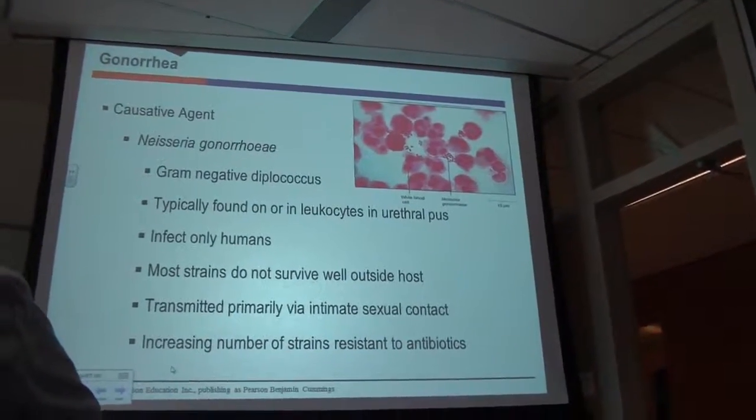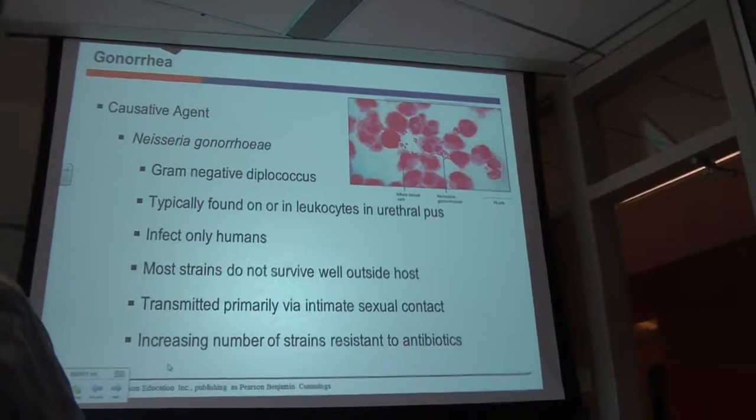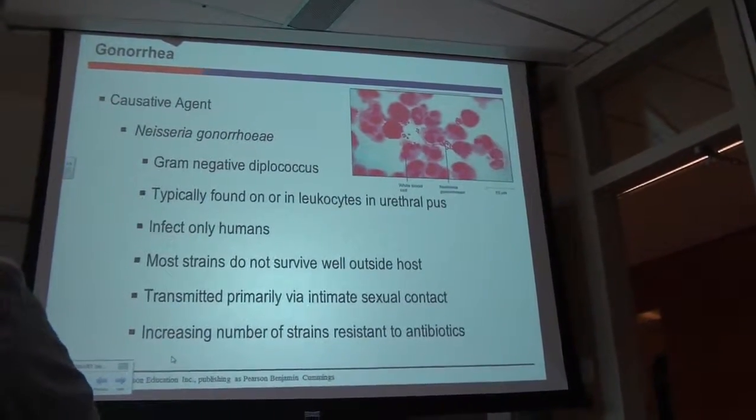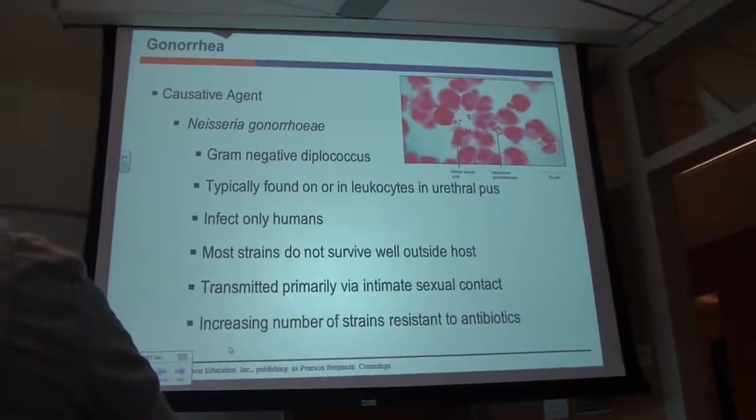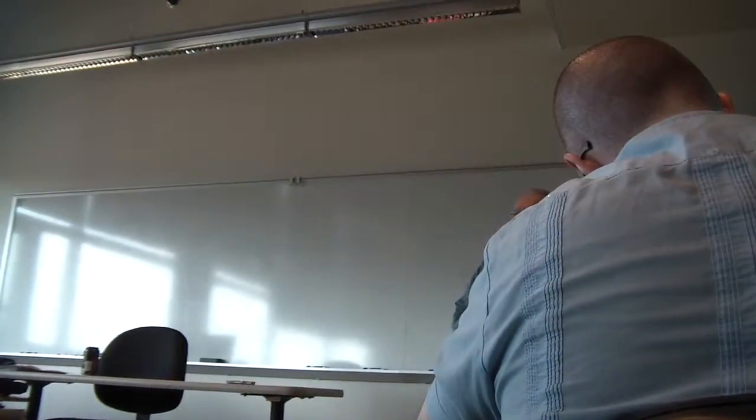Antibiotic resistance has become an issue with this organism. We talked about Staph aureus and the emergence of resistance with enzyme-mediated inactivation of penicillin, the beta-lactamase enzyme. That resistance mechanism made its way from Staph aureus to Neisseria gonorrhea.